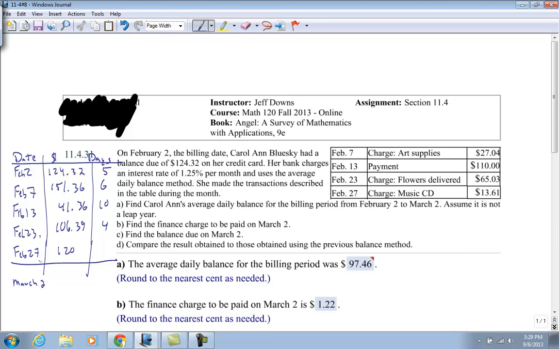So 28th, and then 1st, 2nd, so that's 3 days. Let me just add this up. From February 2nd to March 2nd, assuming it's not a leap year, should be 28 days. So 5 plus 6 plus 10 plus 4 plus 3. Yep, 28 days. So we got that good.